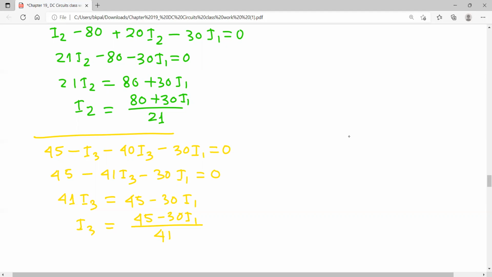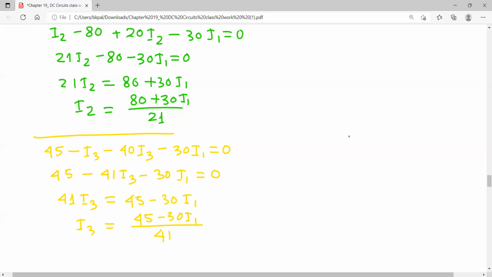Now, so far we basically dealt with the two loop equations. Now let's substitute the expression for I2 and I3 into the junction equation.